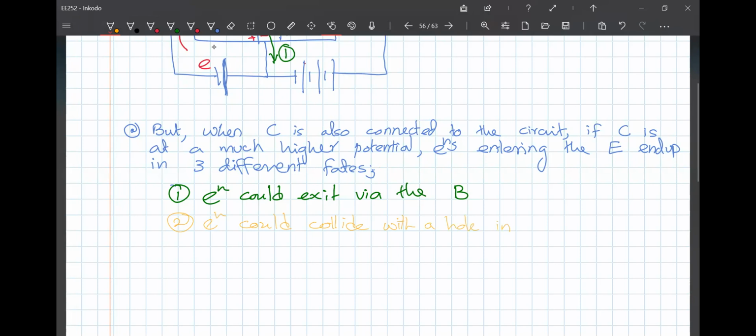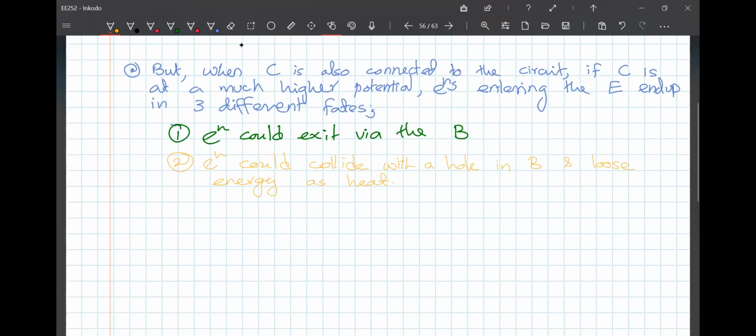In base and lose energy as heat. Okay, so that energy that was in the electron is converted to heat.